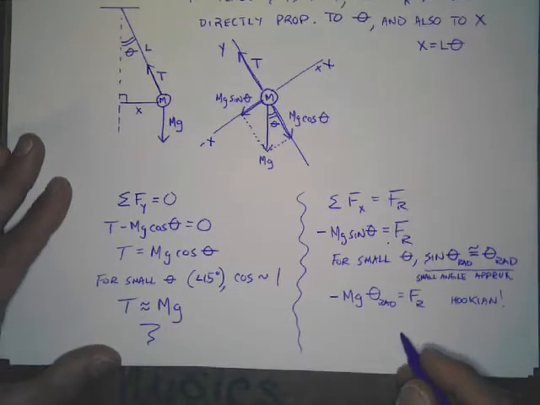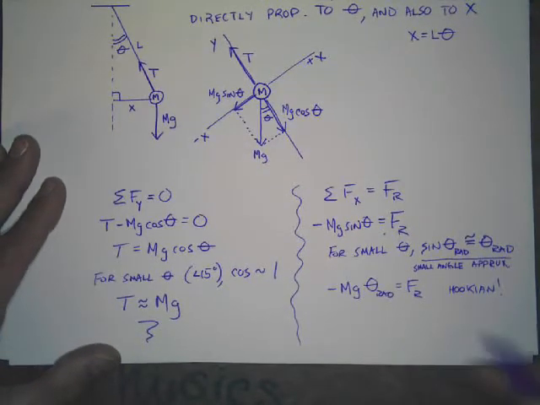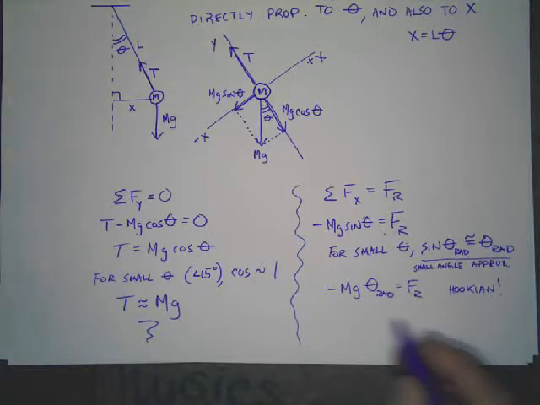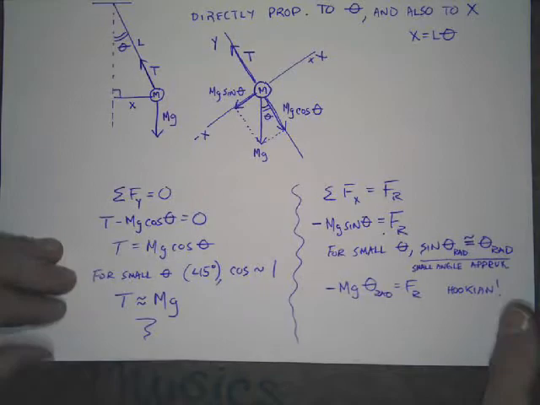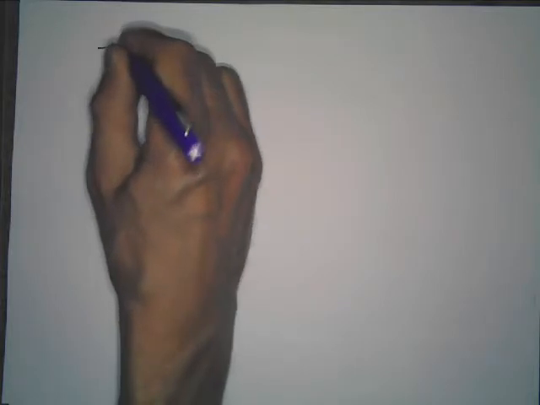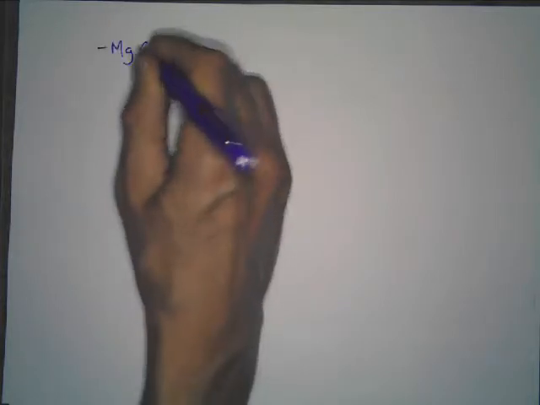I'm going to do a substitution. I think I'm going to use a different page here. So I had negative mg times theta in radians is the restoring force. So I'm just copying that down.